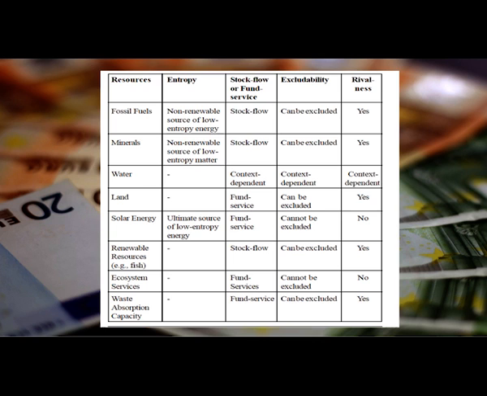Solar energy is the ultimate source of low entropy energy. It is a fund-service resource. It cannot be excluded, and it is not rival. In the same way, for other renewable resources, ecosystem services, and waste absorption, the characteristics are given in this table.